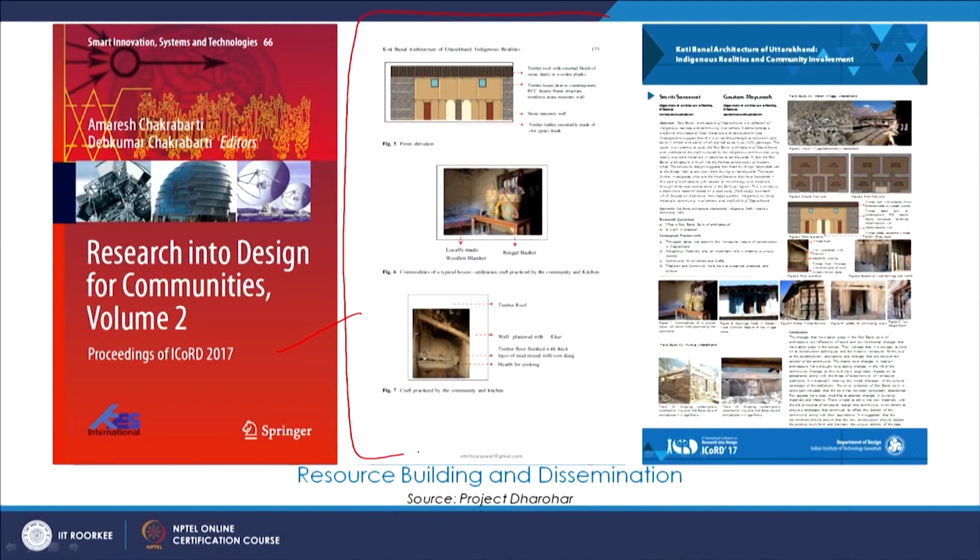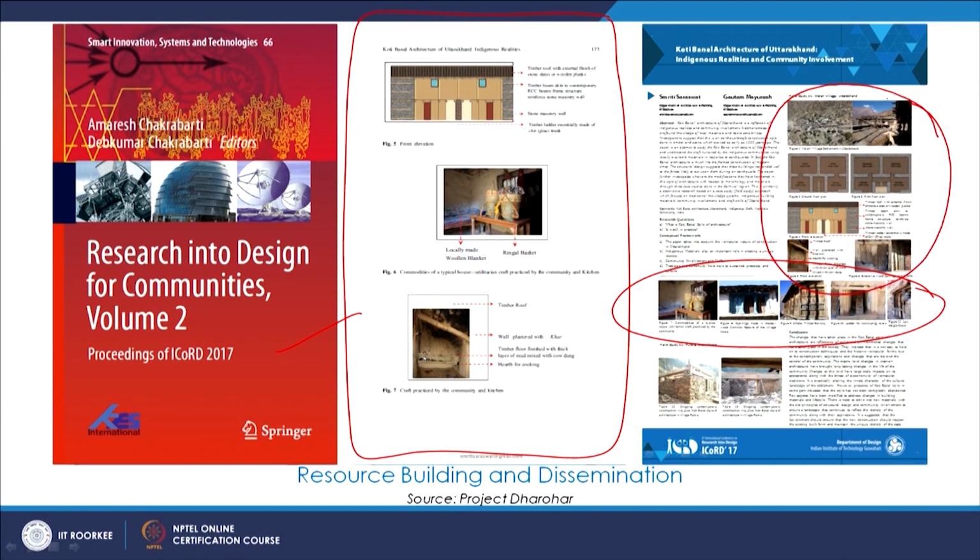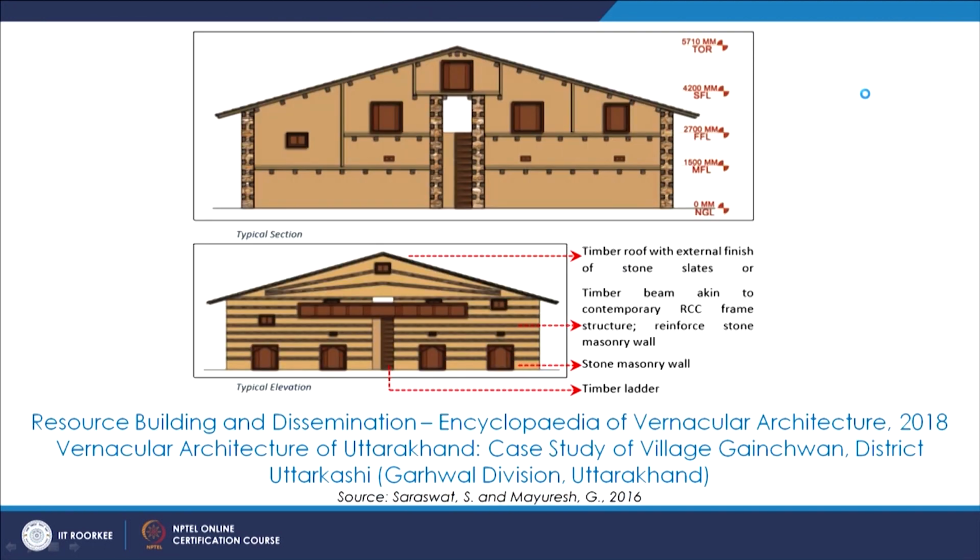And again, some books where chapter contributions have happened, and again we are talking about the building craft of Uttarakhand. So this is how we are trying to disseminate. This is a plate from the Encyclopedia of Vernacular Architecture, where we are talking about the building craft and interior architecture of Uttarakhand.